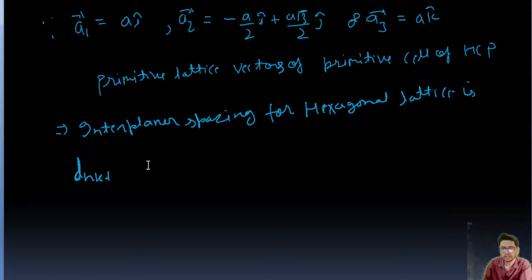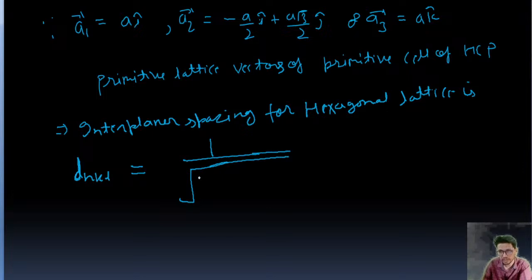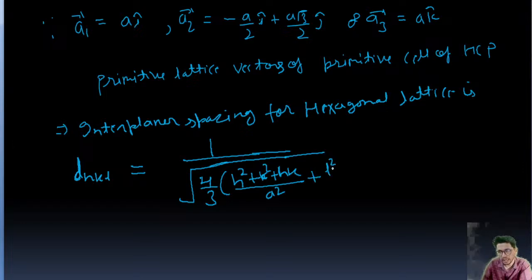This is the hexagonal lattice, and these are the primitive lattice vectors. I told you this is very important and you need to note it down: 1 upon d squared equals 4 by 3 times (h square plus k square plus hk) upon a square, plus l square upon c square.